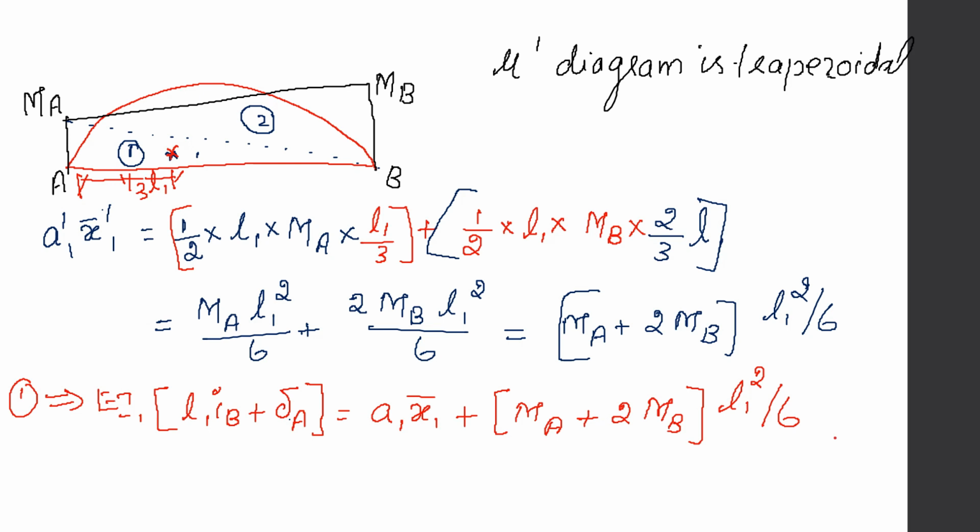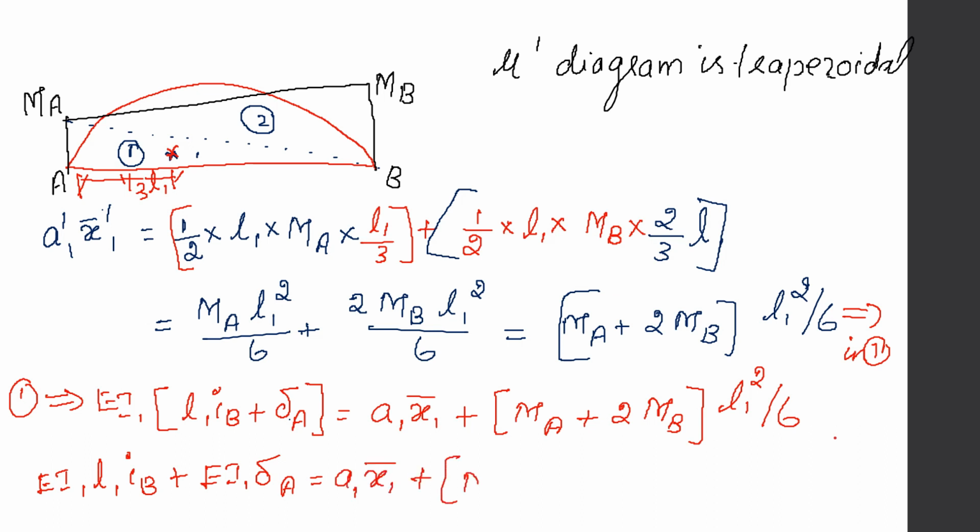We are substituting this in 1. Okay. Now, so this is nothing but EI1 L1 into IB plus EI1 into delta A is equal to A1 x1 bar plus MA plus 2 MB into L1 square by 6.